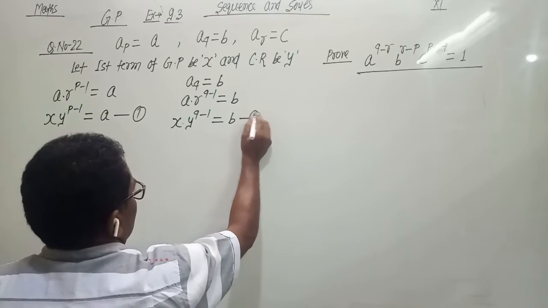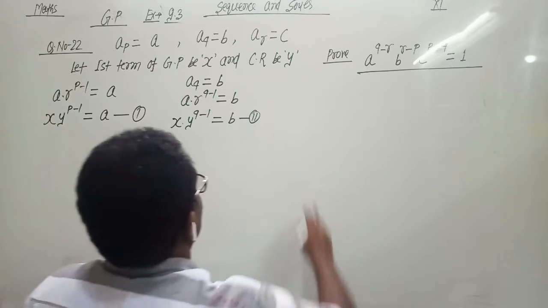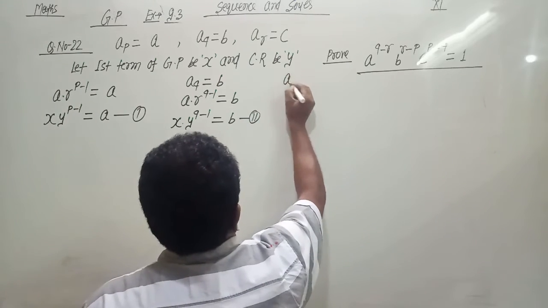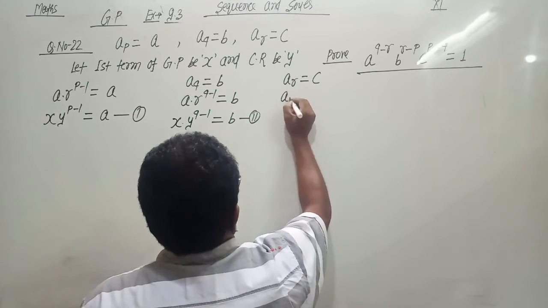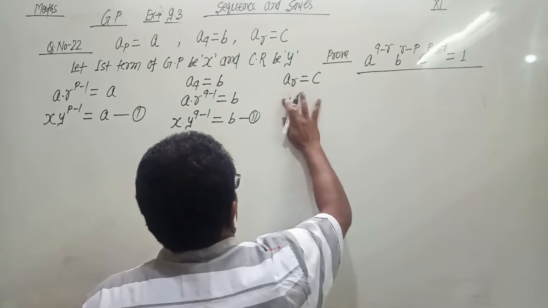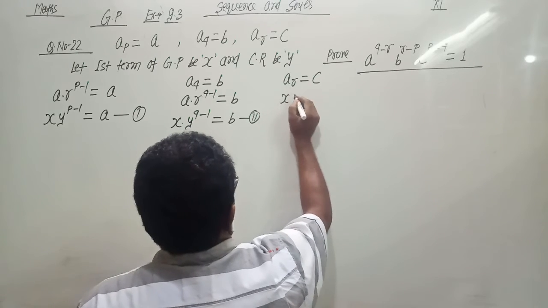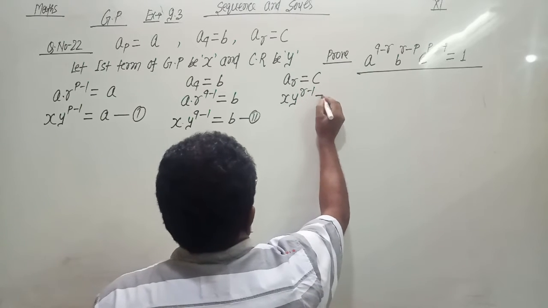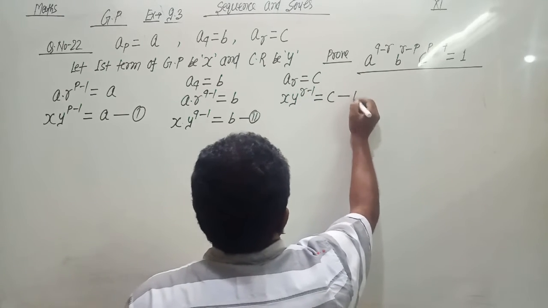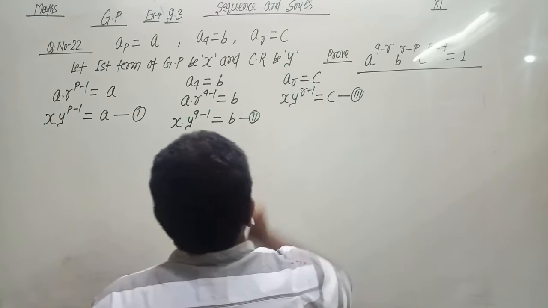This is the second equation. Then the third information, the rth term is c. So x into y raised to the power r − 1 equals c. This is the third equation.